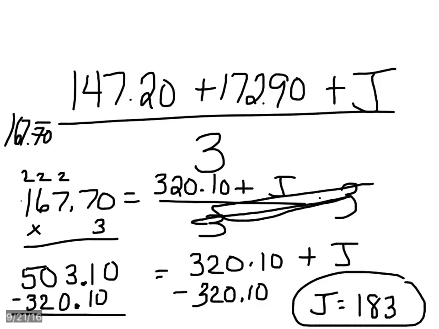Then on 9 and 10, if they give you the average, you're going to do it just like we did here on the screen. On 9 and 10, you're going to have to work backwards. Except this time, you're not going to divide by 3. You're going to have it divided by 5, because there's 5 months that we're dealing with.